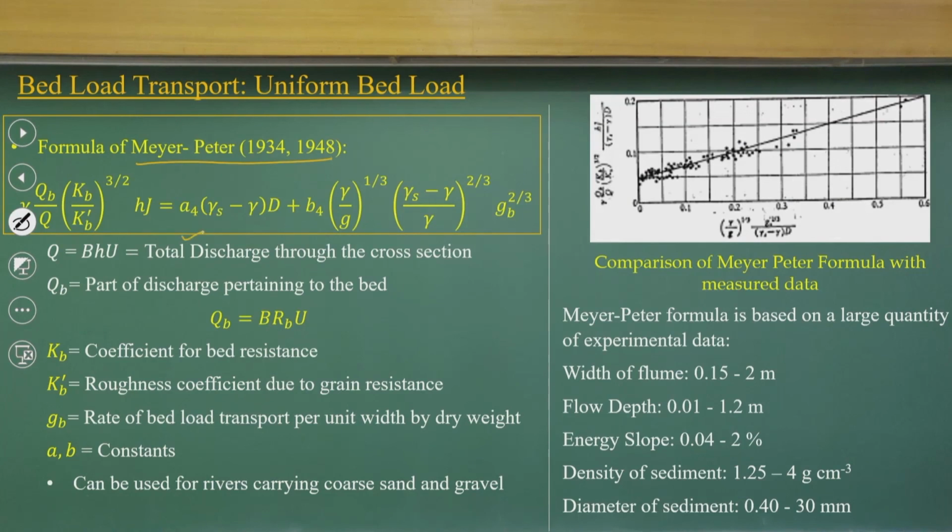If you look at them, they are very complex equations established between the part of discharge pertaining to the bed, the coefficients of the bed resistance, roughness coefficients, and rate of bed load, where these are constants. They established these equations way back in 1948 to compute the bed loads.